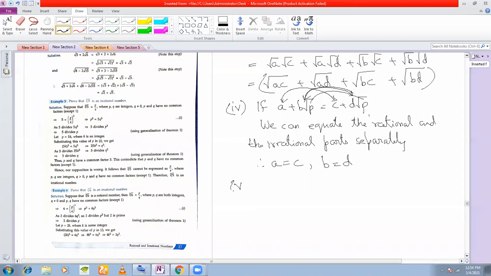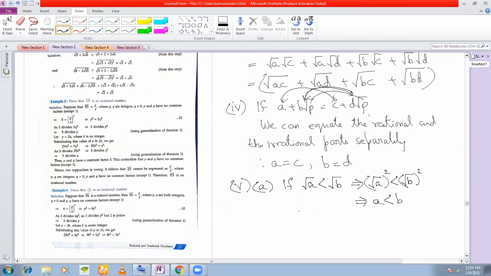Next remark is 5. 5 has two parts. First part is that if root a is less than root b, then you can square both sides to get a less than b.